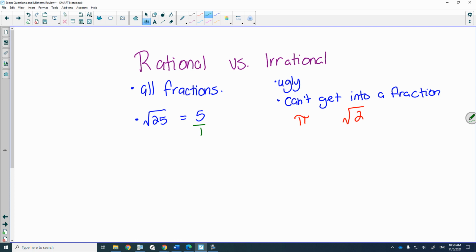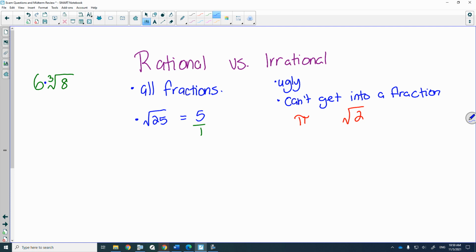Okay. If I give you a number, let's see if you remember how to type this into your calculator. So let's say I give you this. What this means is 6 times the third root of 8. If I ask you if that's rational or irrational, you have to calculate that. You've got to stick that in your calculator.